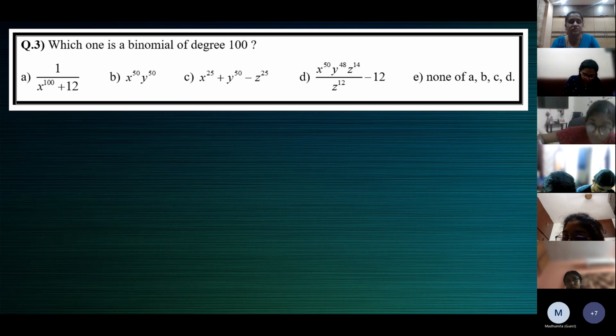Write down all the options, children. Don't write only the correct option. We need all the options.